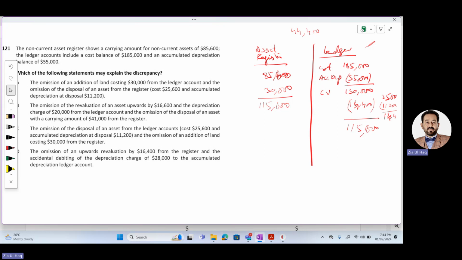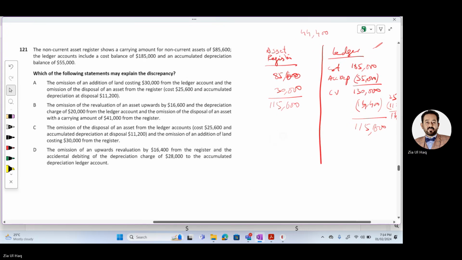If we deduct 28,000 from the other side, it's 102,000. So it will not tally. So what's the correct option? Option C. It's a twisted question. It will take time while sitting in the exam.